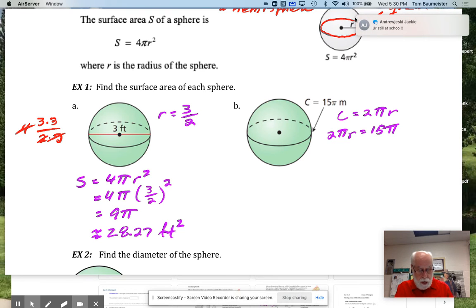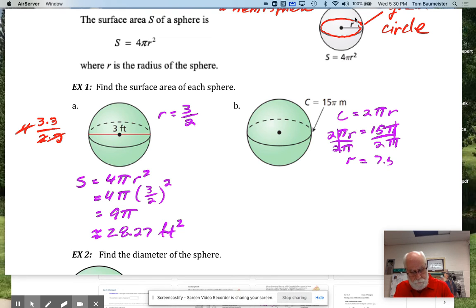If we divide both sides by 2 pi, we'll get that r is equal to 7.5.